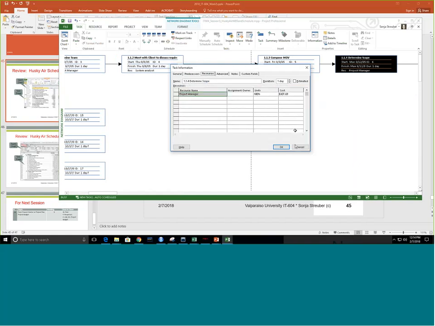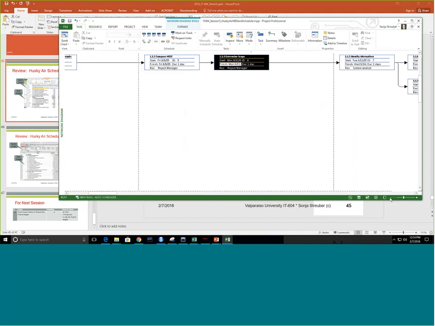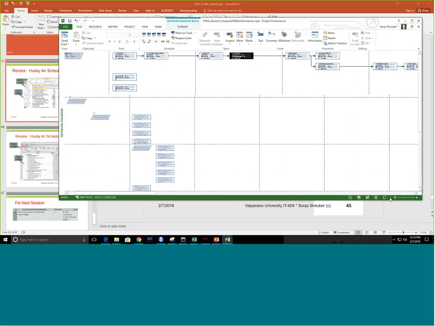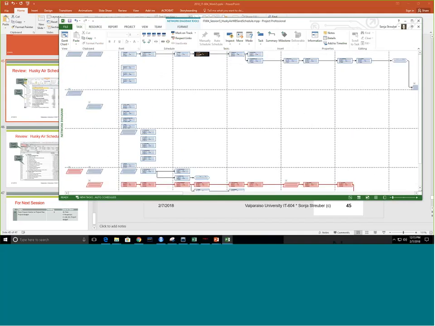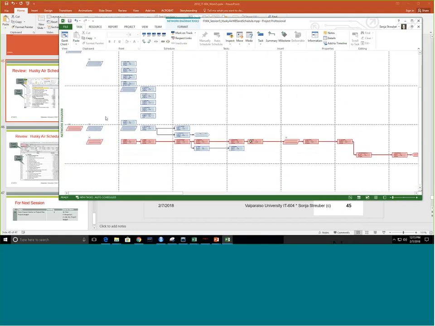And then in our network diagram, if we make it a little bit smaller, we see that there is a path in red here, and well, you guessed it, that's the critical path, right? So there you go.